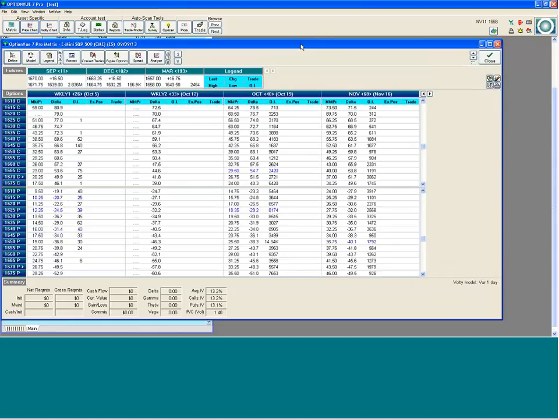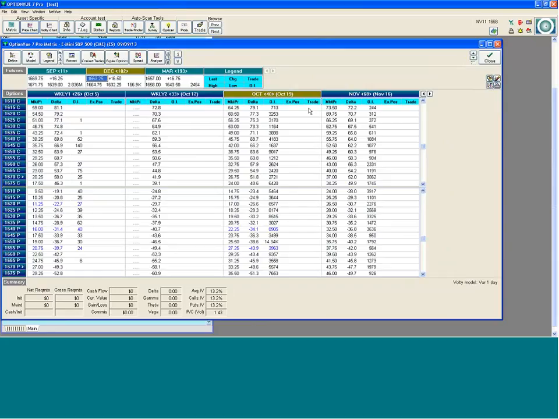Well, there's a couple of strategies. An out-of-the-money call butterfly. So let's take a look. We've got October options with 40 days to go with the market at 1663 right now.